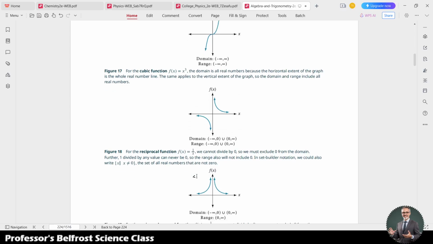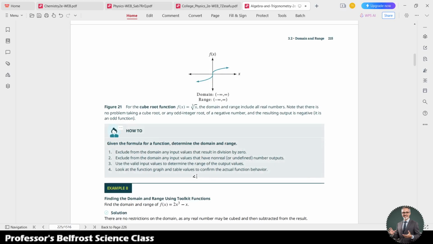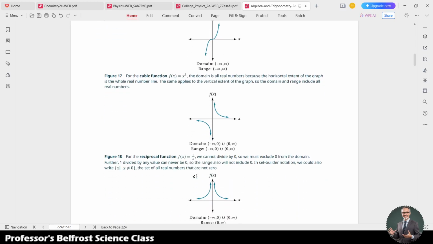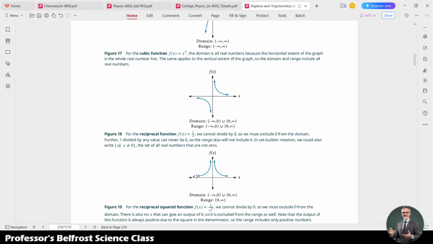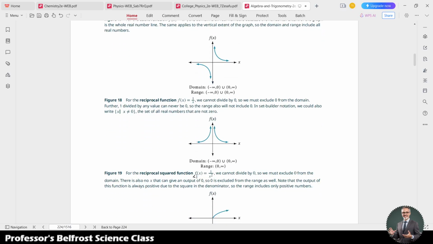Okay, how about the reciprocal function, or 1 by x? So actually, it's the same. You see that the domain never cuts on 0. It never touches 0.